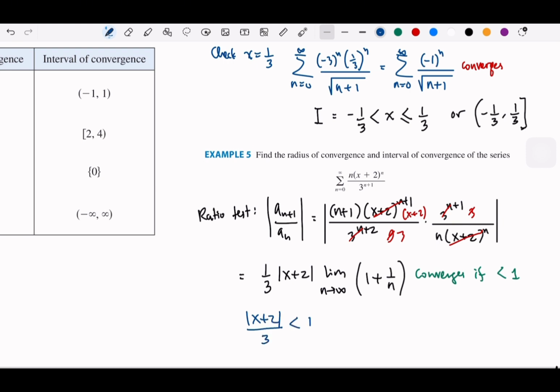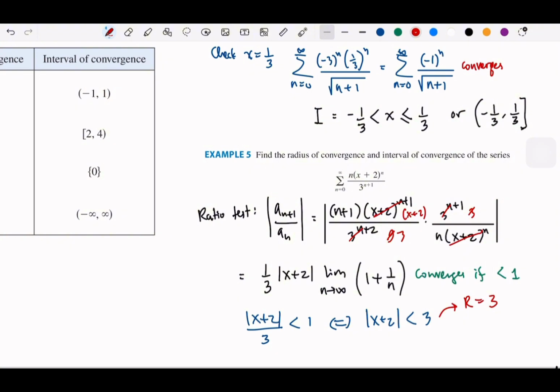This should be less than 1 right there. So the radius is, but it has over 3. So |x plus 2| is less than 3. So 3 will be the R. And the rest will be the same.